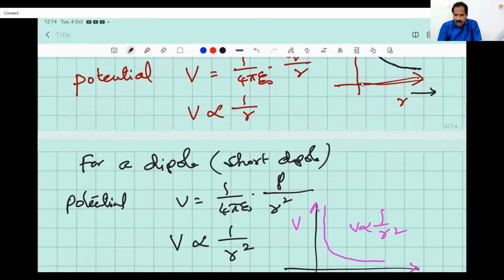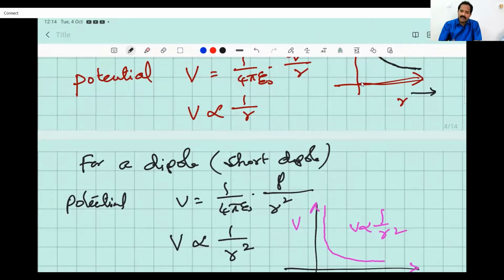Children, remember. How does potential depend on distance in the case of a point charge? V is proportional to 1 by R, inversely with R only. But if it is particularly asked for a short dipole, V is proportional to 1 by R square, not R, 1 by R square.